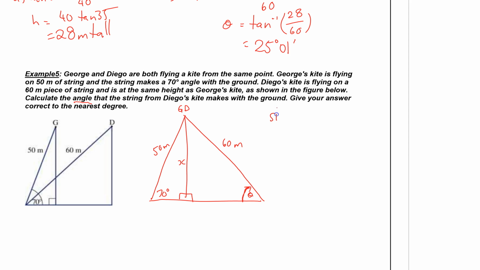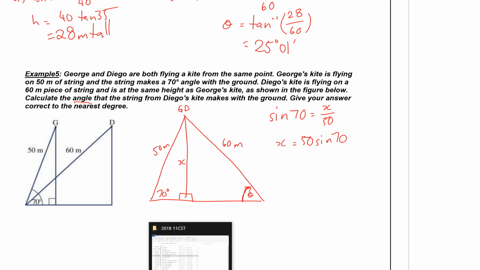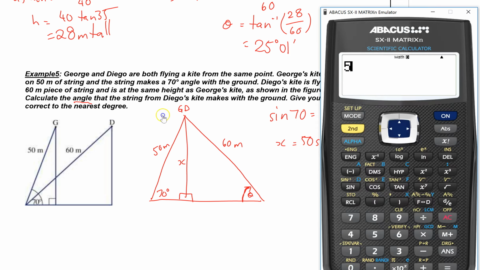So sine of 70 equals the opposite, x, over 50. So x is 50 sine 70. My calculator will tell me 50 sine 70 equals about 47 meters, 46.985.